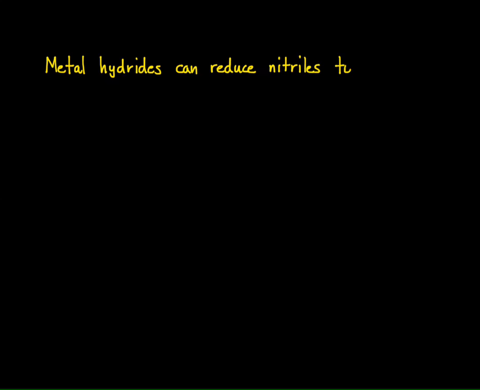And nitriles will also react with metal hydrides, and metal hydrides reduce nitriles to primary amines. Just like amides get reduced to amines, nitriles also get reduced to primary amines.